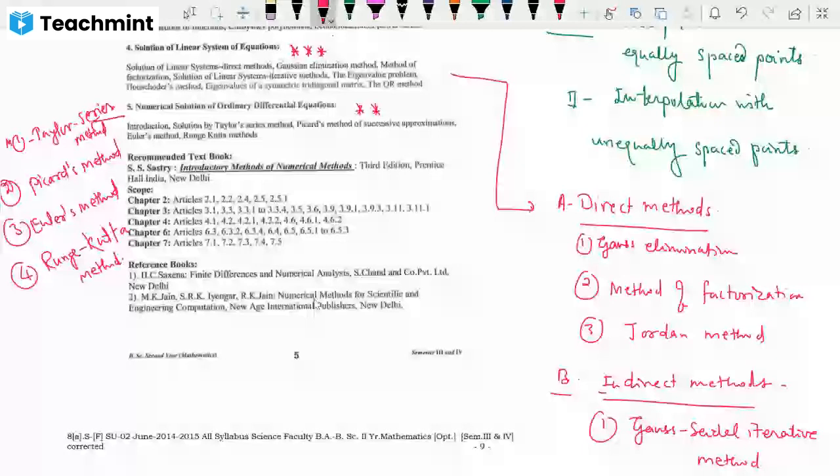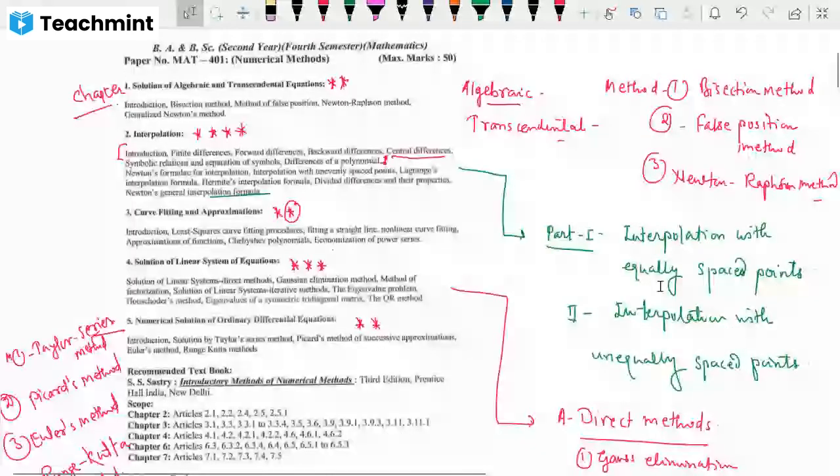Already we have started the first chapter. What is the first chapter? That is solution of algebraic and transcendental equations. In that we will see 3 methods to solve algebraic and transcendental equations. These 3 methods are useful to solve algebraic as well as transcendental equations simultaneously.